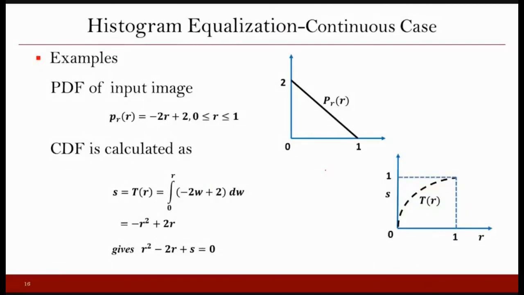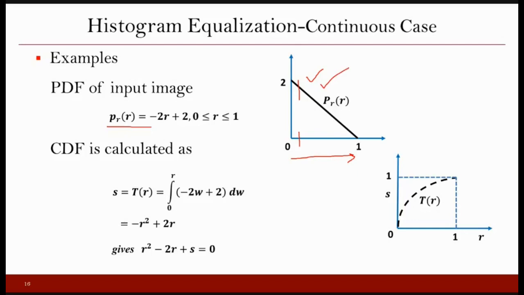Now let us see this example quickly. Let's say we have our probability distribution for the input image, PR, distributed like this. What it basically says is that on the lower side of your intensities, you have a lot of pixels having that intensity, but as you move to higher intensities, the number of pixels decreases.